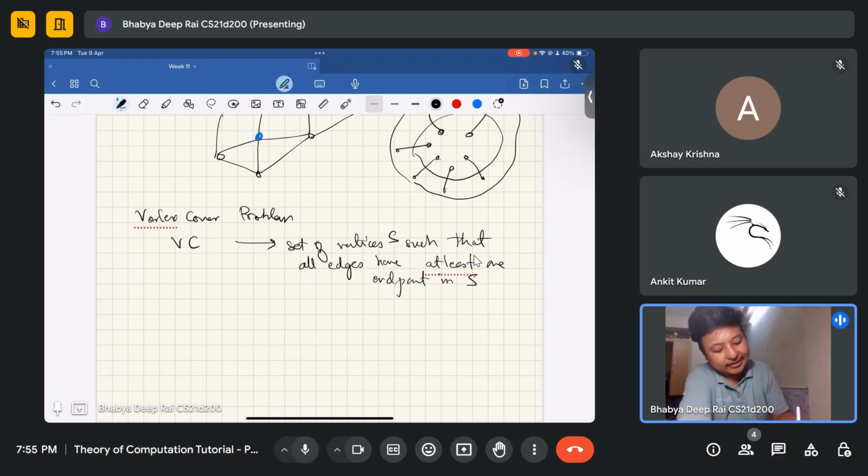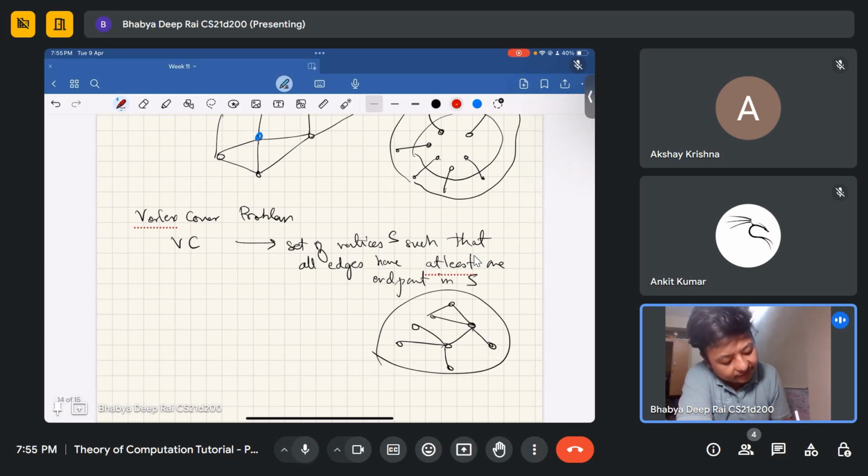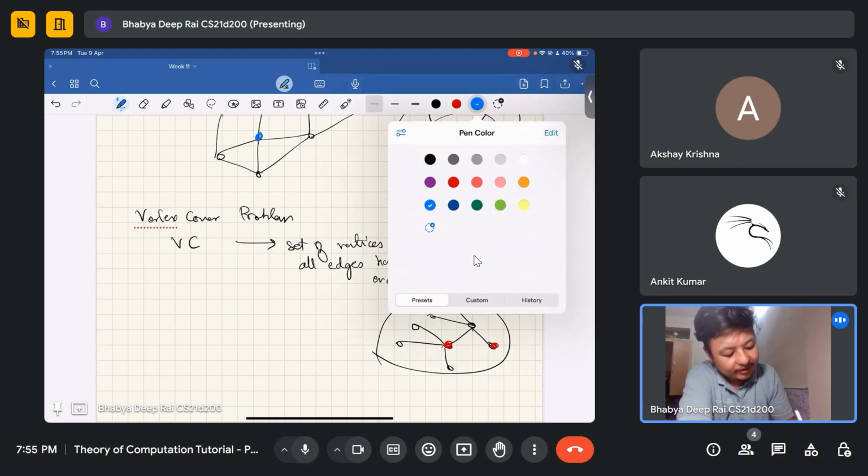Okay. For example, if I have a graph, a vertex cover would be something like this, this, and this. Why? Look, I'll color it differently.